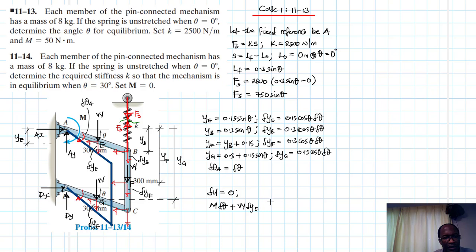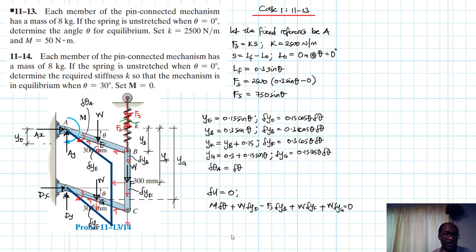And then at B, they are in the opposite direction, so we have minus Fs del yB. And then at F, they are in the same direction, so we have positive W del yF, and then at G they are in the same direction, so we have positive W del yG equal to 0. Okay, so there we go.